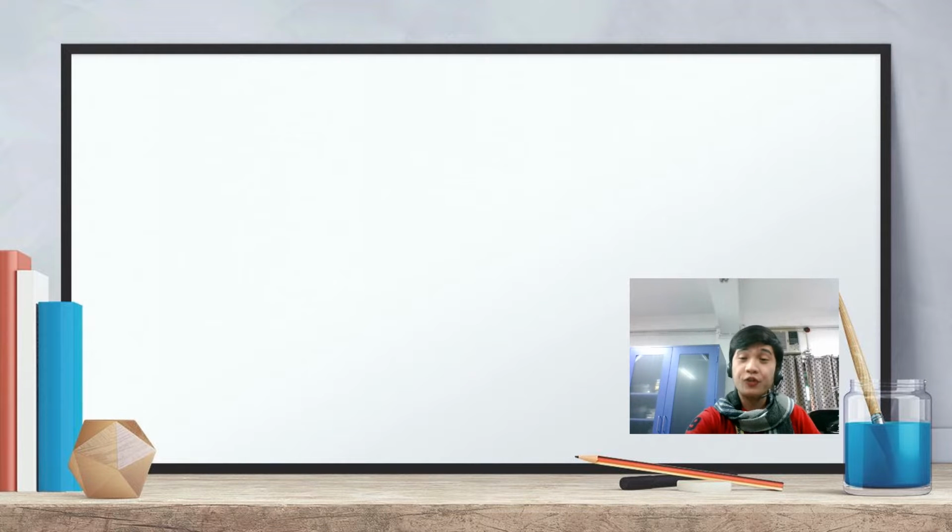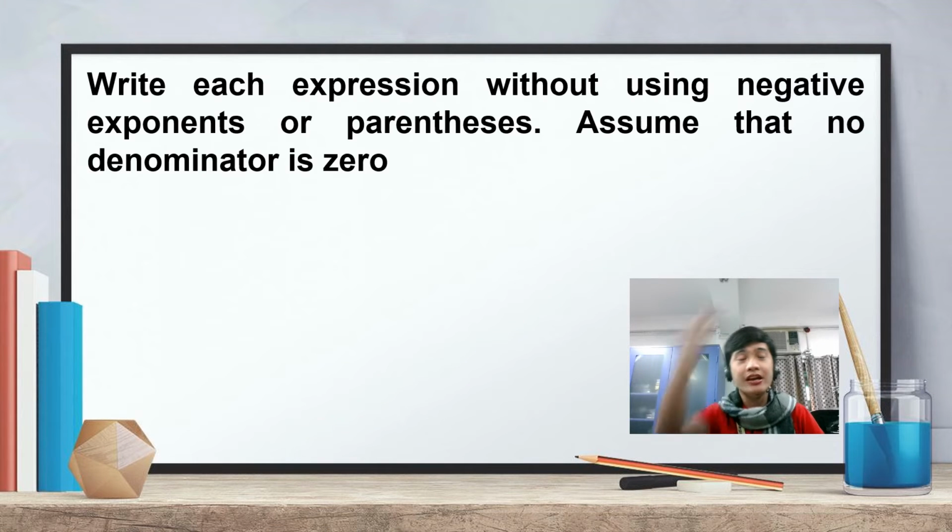Okay, let's have the first set of our examples. Our instruction here is write each expression without using negative exponents or parentheses. Assume that no denominator is 0. So kagaya po ng binanggit ko kanina, though nabigyan natin ng emphasis yung zero exponent, magpo-concentrate tayo mainly sa negative exponents.